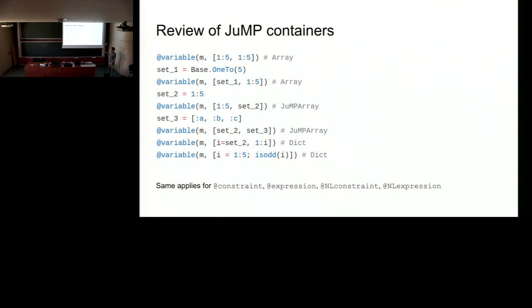And same thing if you only want to index over the odd integers or if you want to filter out the possible indices, we would just return a dictionary. What is the access type now? Dictionary is constant time. It's the Julia built-in dictionary.